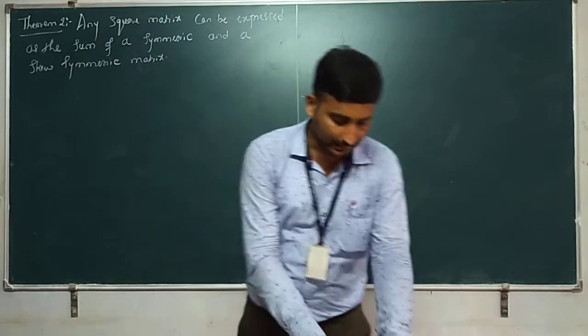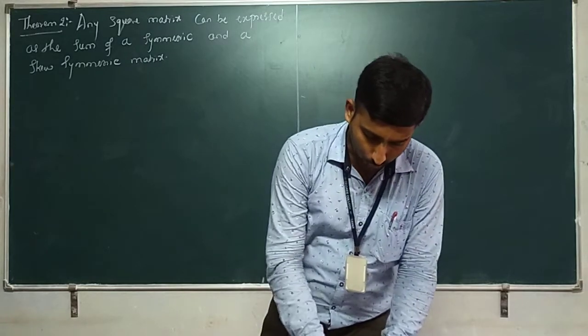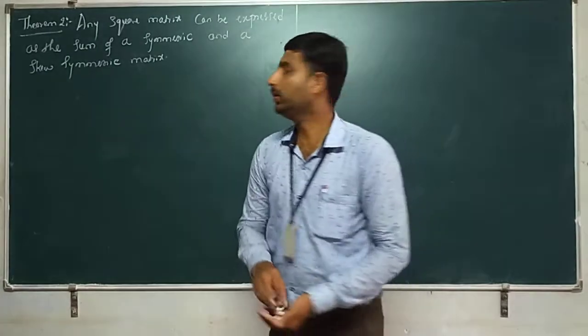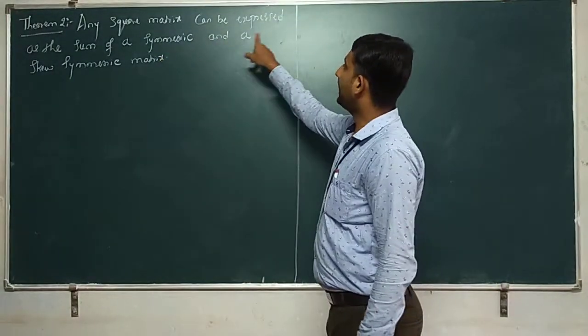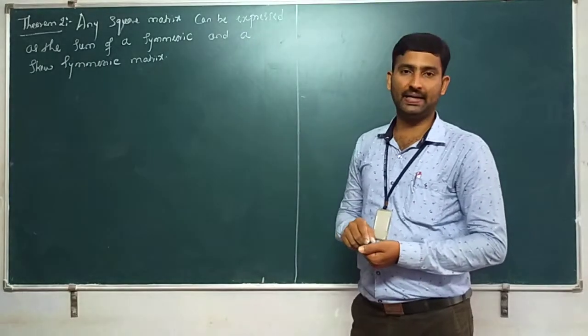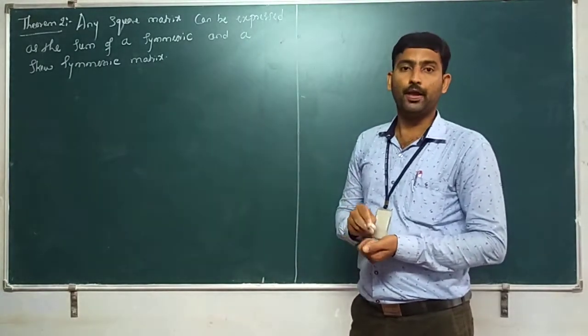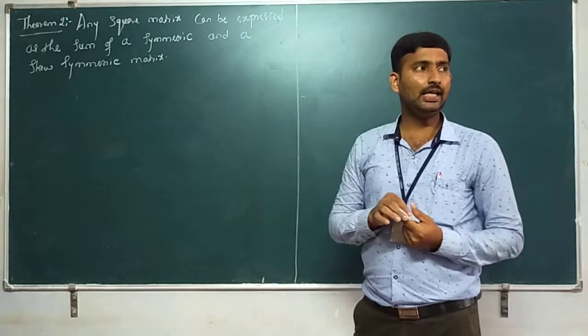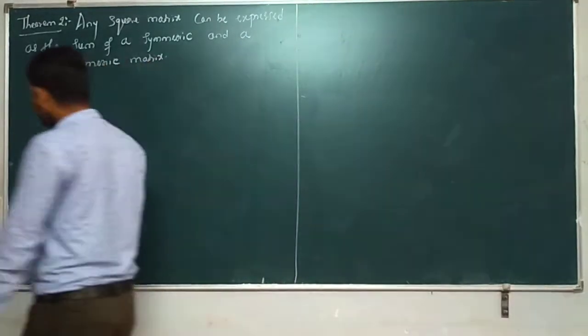What they are asking is, our job is to show any square matrix can be expressed as the sum of a symmetric and skew symmetric matrix. Means what? We have to take one square matrix which is nothing but the sum of a symmetric and skew symmetric matrix.